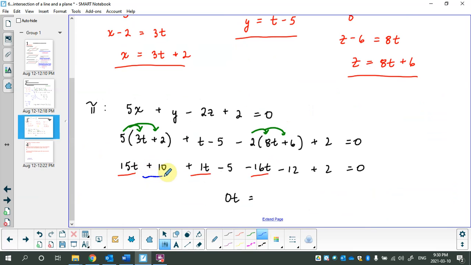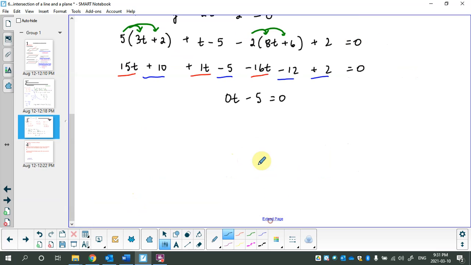So 10 minus 5 is 5. 5 minus 12 is negative 7. Negative 7 plus 2 is negative 5. Let me double check that. 12 and 12. Yep, I'm good.